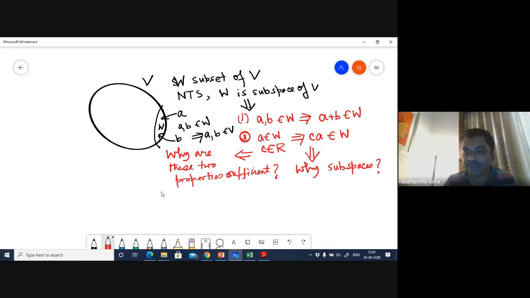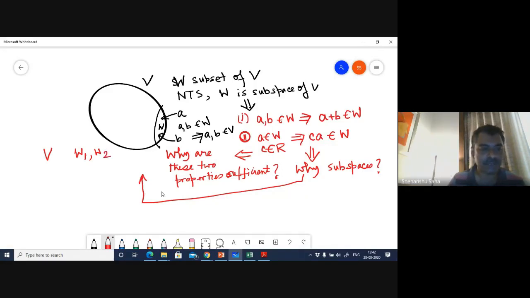So from an abstract point of view, what I mean is the following. Let's say I have a vector space V, and then I have two subspaces, W1 and W2. Both of these are subspaces of the vector space. Now, are these W1 and W2 special subspaces such that when I add the two subspaces, I get back V in full, in such a way that there is no intersection between the subspaces W1 and W2?